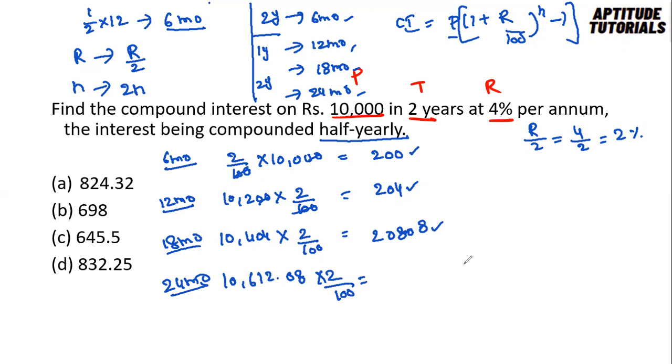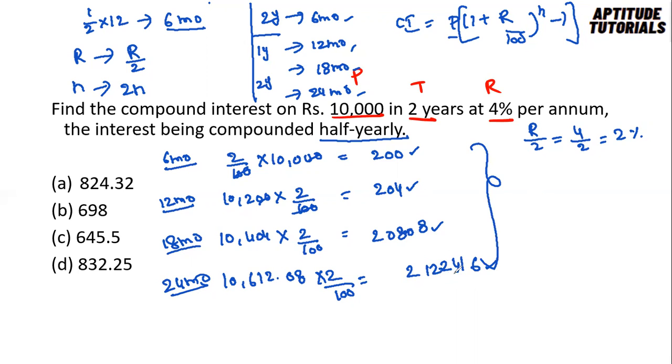Multiply it with 2 and divide it by 100. 8 twos are 16, 2 twos are 4, 2, 6 fours are 12, and 2. Already we have a decimal after 2 points, so we can keep decimal after 2 more points. It is going to be 212.2416.